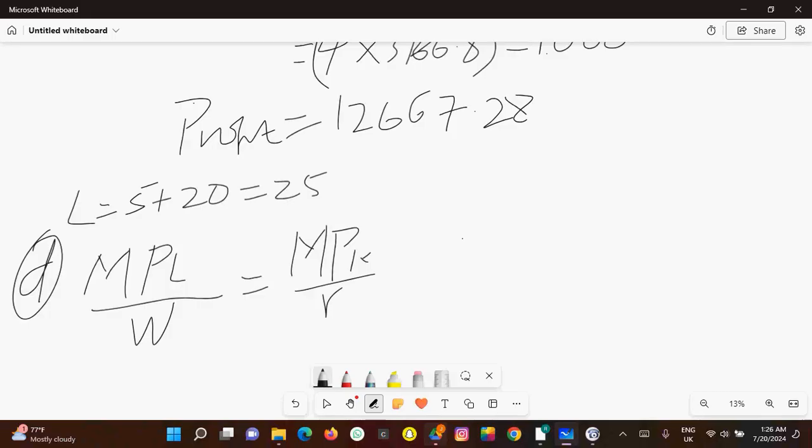If a firm should be producing efficiently, it should be equal. So if one of them is bigger than the other, then the firm is not producing efficiently. So let me solve this here.